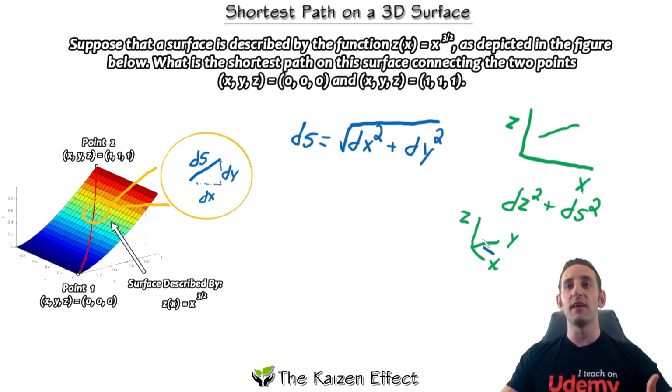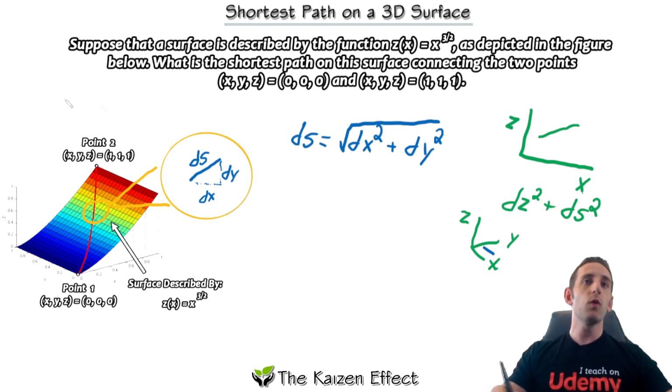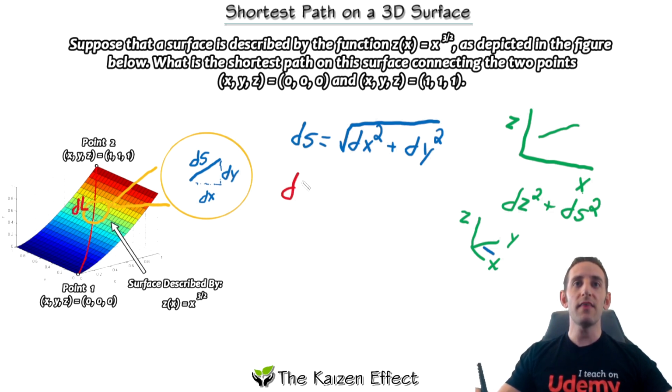We can use the Pythagorean theorem again. We get this, and we get the end result. So when we're looking for the actual length around here, we'll call this dl. We can say that dl is nothing more than the square root of dz squared plus ds squared.